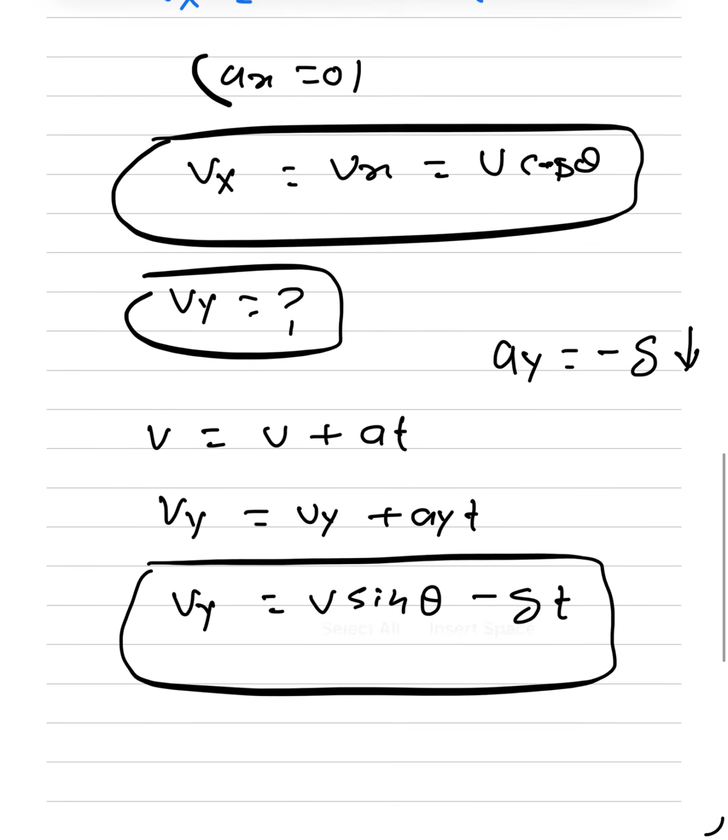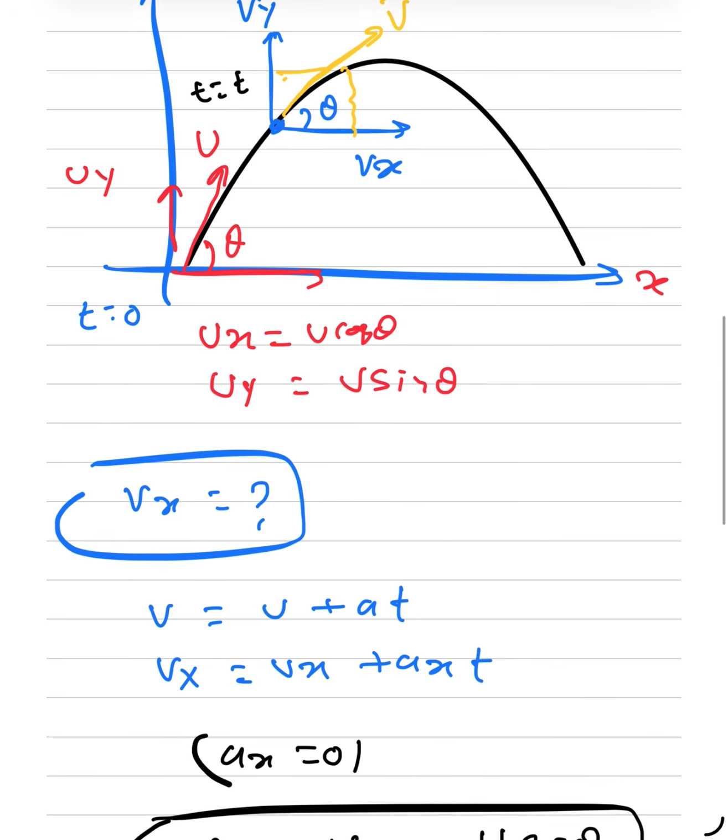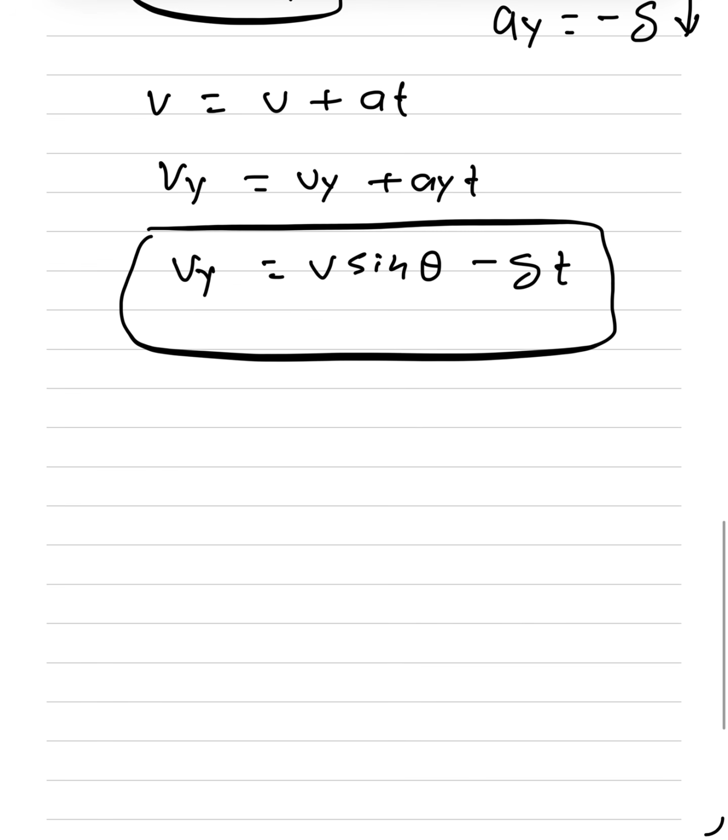This is the value of the horizontal and vertical components of the projectile velocity after t time.